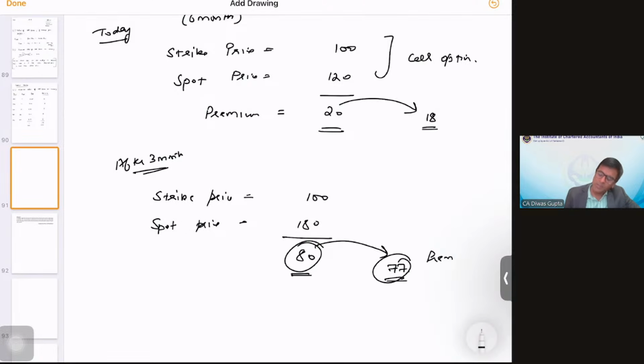The entire 80 rupees will not be the premium because still there are 3 months to go. So don't you think it is getting adjusted for certain things, right? Which is, let's say, the time value of money, and even some of the risk propositions that we are going to take.